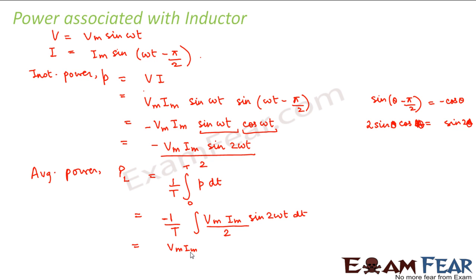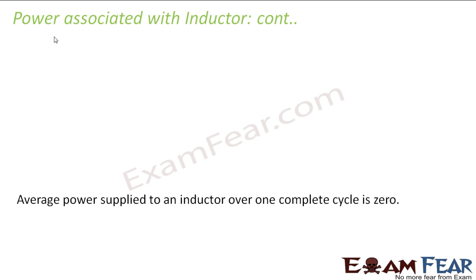So this comes out to be Vm Im divided by 2T, integration of sine 2 omega t dt from 0 to T. So this can be written as Vm Im divided by 2T into cos 2 omega t divided by 2 omega from 0 to T. I am just doing simple integrations.